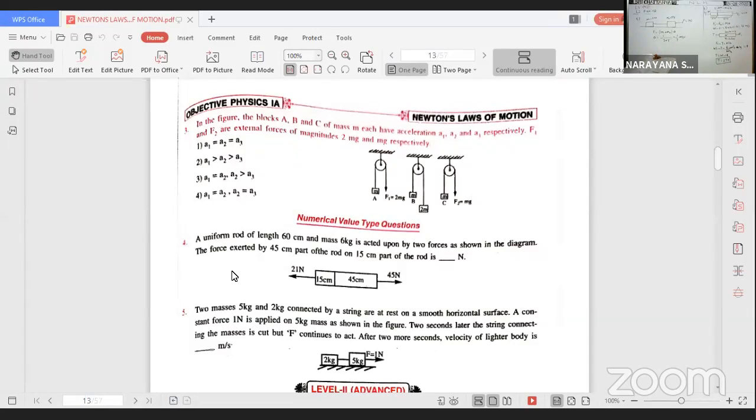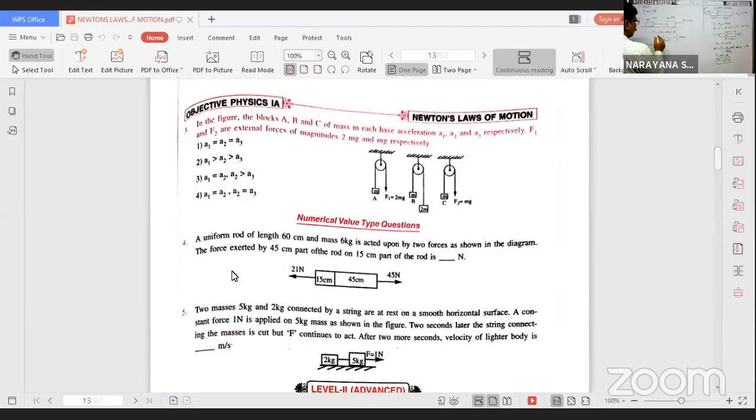Okay, now 2 seconds later, the string connecting the masses is cut, but F continues to act. In those 2 seconds the system travels with acceleration A. What is the velocity acquired by this and this?